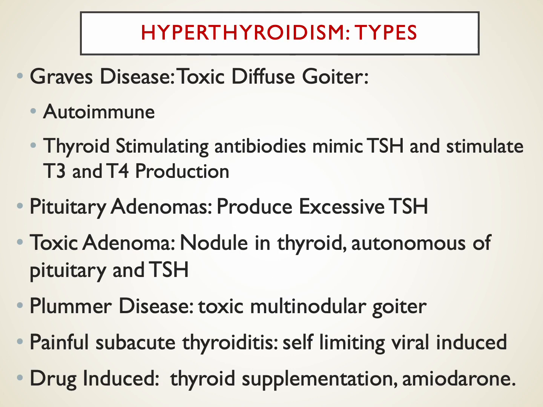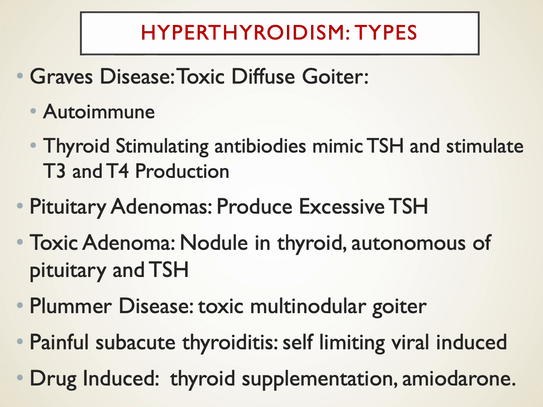So let's first look at hyperthyroid states. A number of different things we think about here, but first let's look at Graves' disease, or toxic diffuse goiter. Considered an autoimmune condition where the thyroid-stimulating antibodies mimic TSH and therefore stimulate T3 and T4. We could also have pituitary adenomas that produce excessive amounts of TSH.